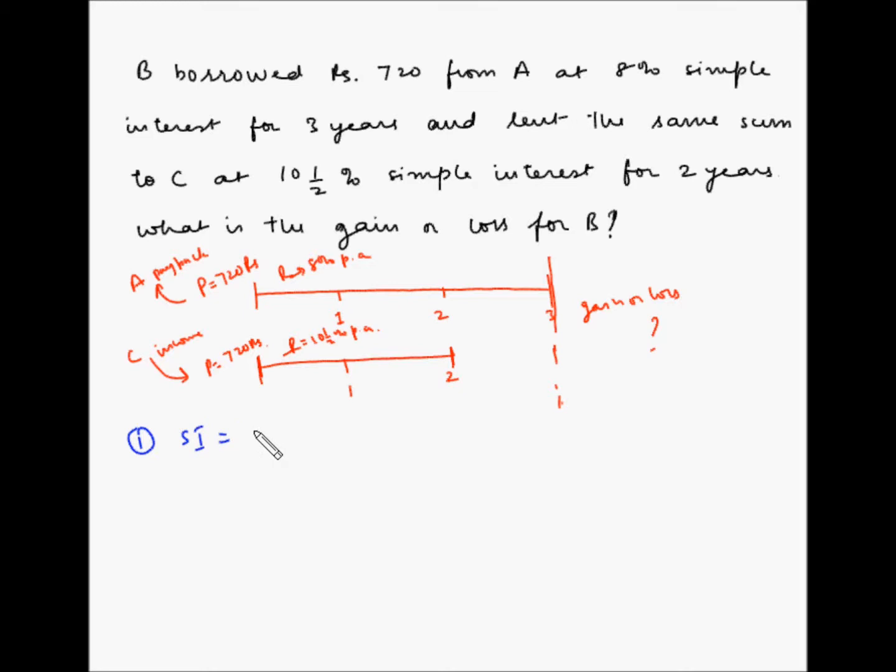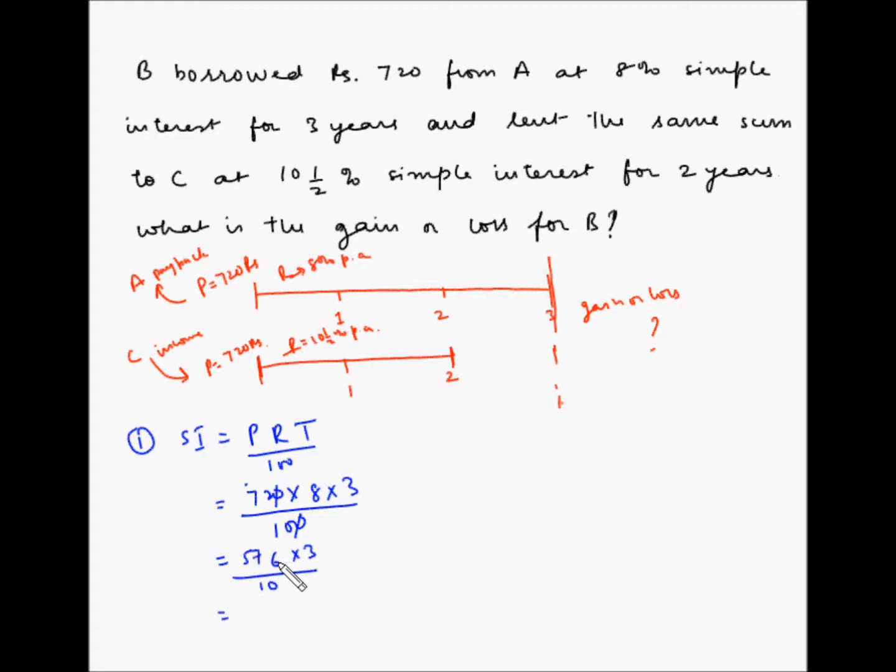So simple interest is equal to principal multiplied by the rate multiplied by the time divided by 100. So principal is 720 multiplied by rate, which is 8, multiplied by the time frame, which is 3 years, divided by 100. So this 0 can get cancelled with this 0. 8 2s are 16, 7 8s are 56, plus 1 is 57, multiplied by 3 divided by 10.